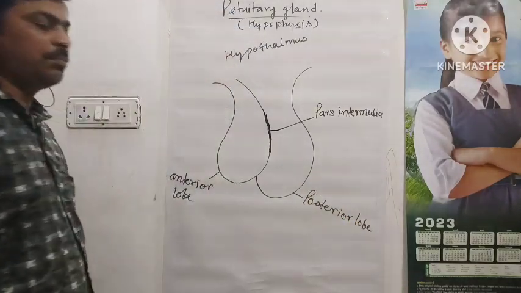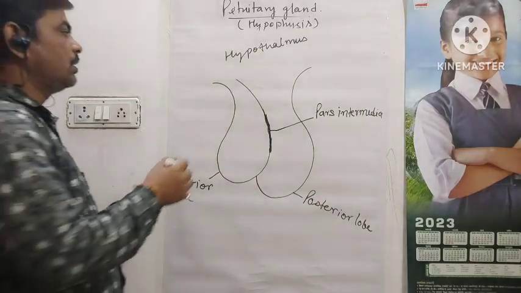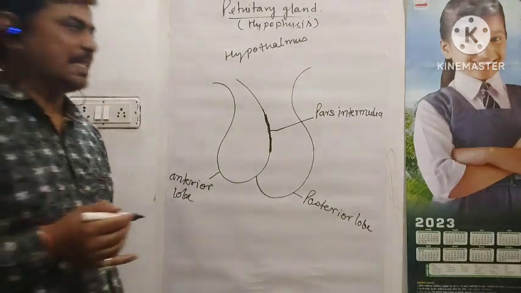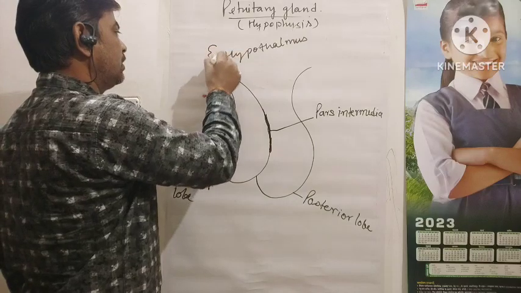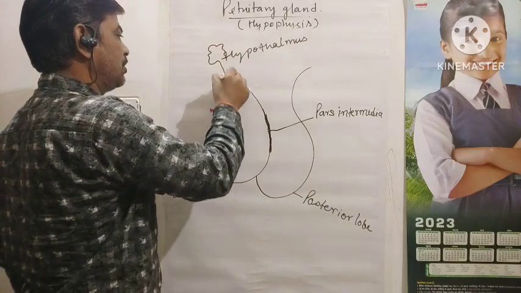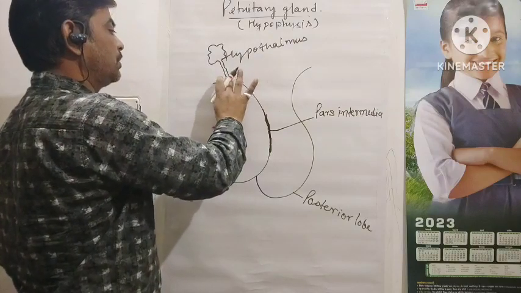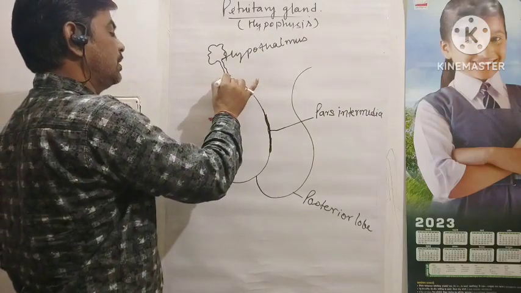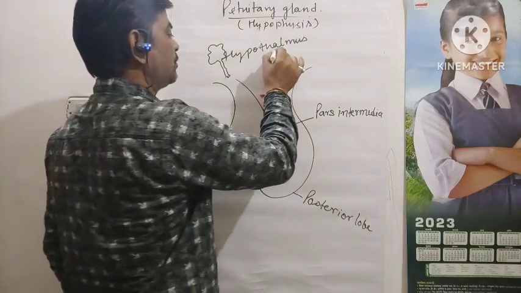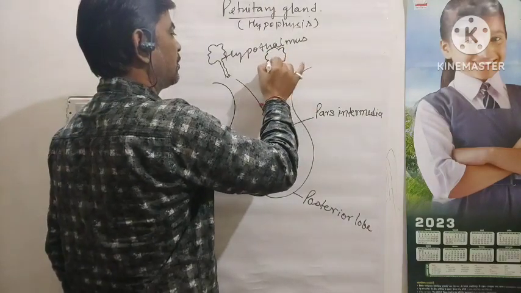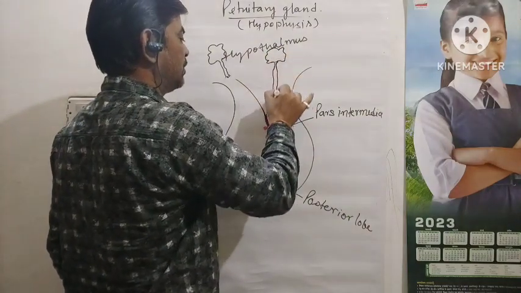Now, what happens? The neurosecretory cells, meaning neurons of the hypothalamus, release hormones.